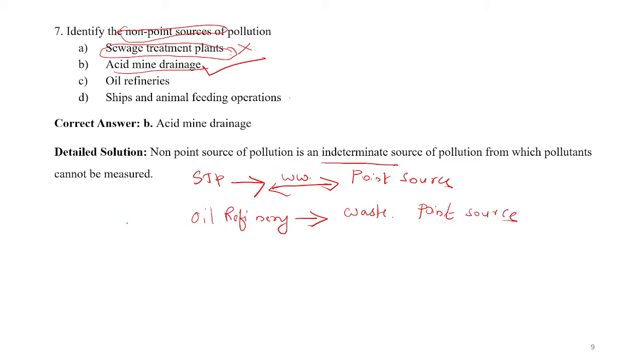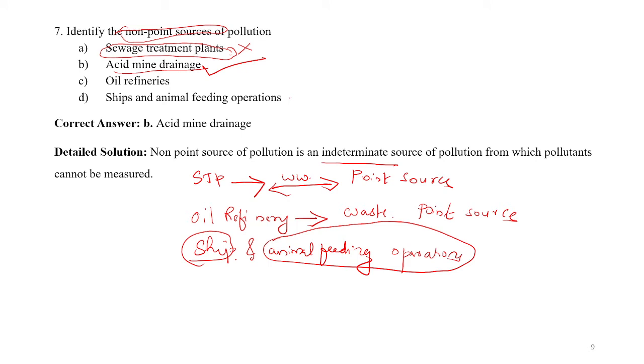Then let's come to ship and animal feeding operations. In fact, these two are entirely different things which are clubbed together in an option. Let's have a look at ship. Here also we know how much waste could be generated from each ship or from a cluster of ships, so it is a point source.